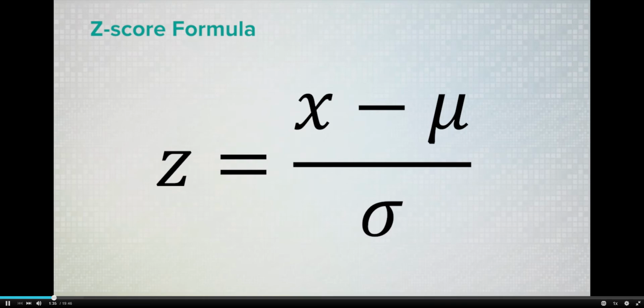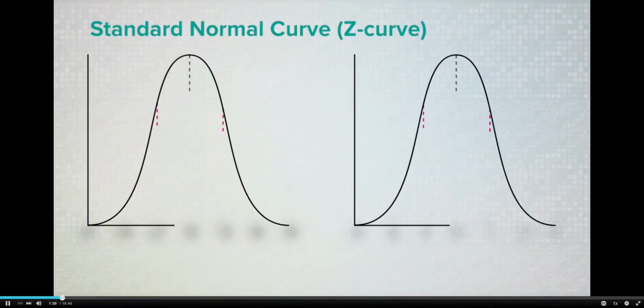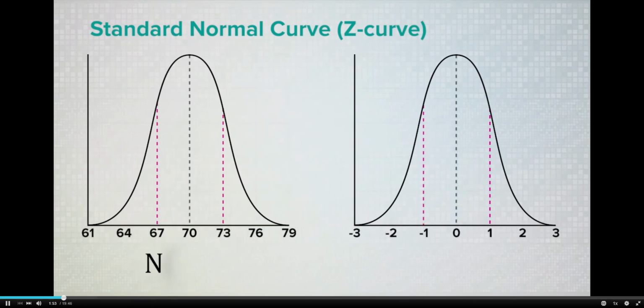We will use this a lot in this lesson. How does this correspond to our new normal curve? Remember that we can say something is normally distributed with the mean and standard deviation with this notation: capital N, parentheses, mu, comma, sigma.